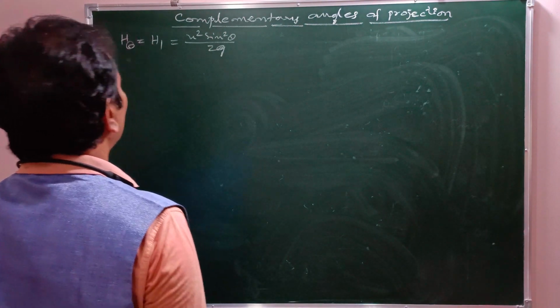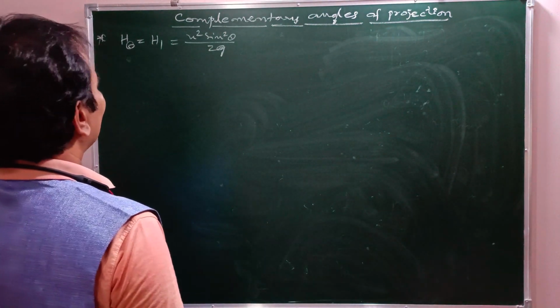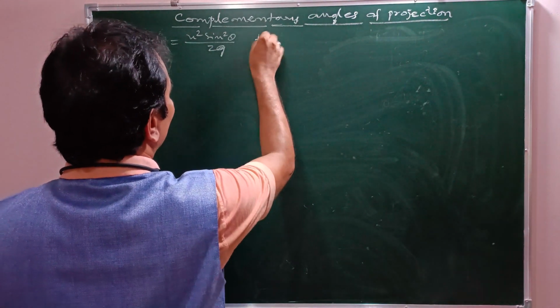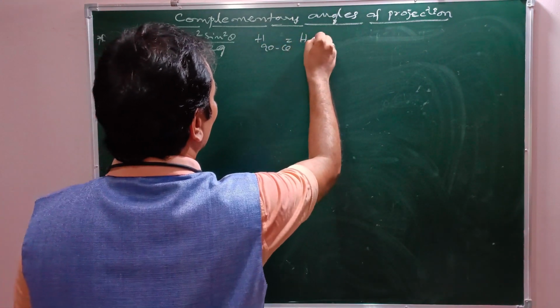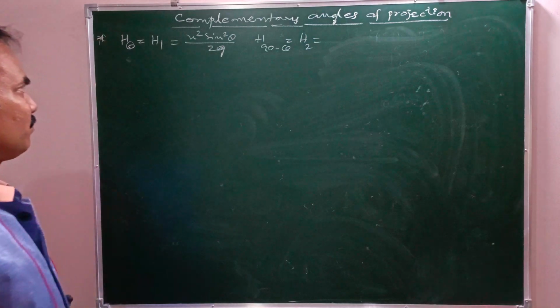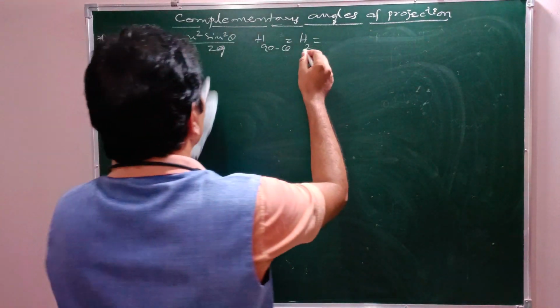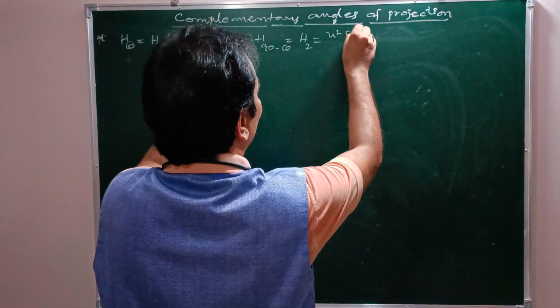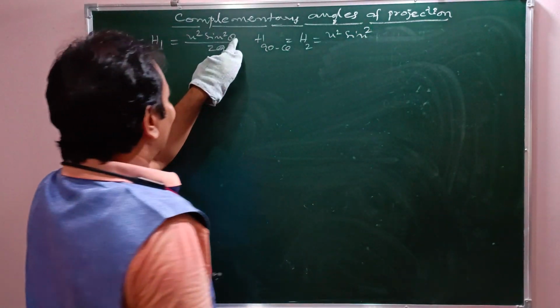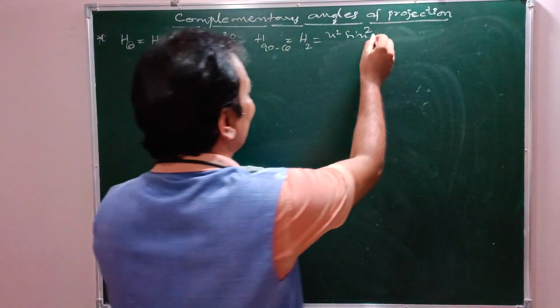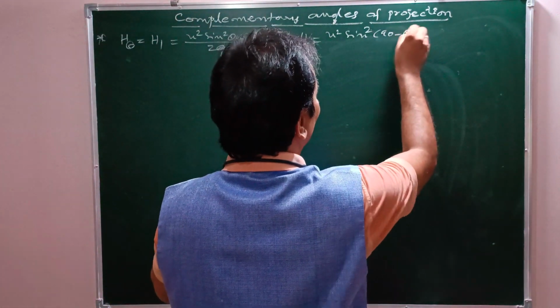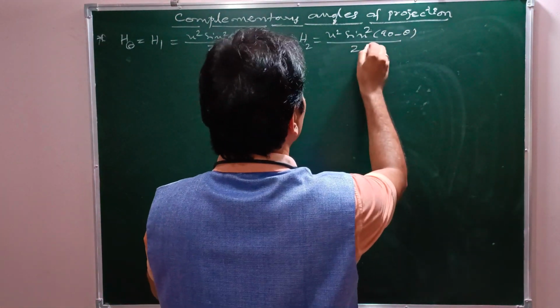Now h at 90 minus theta, say this is h2, equal to u square sin square 90 minus theta by 2g.